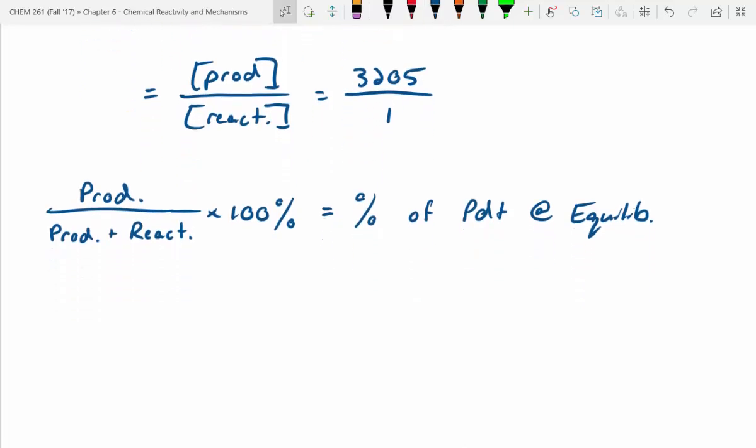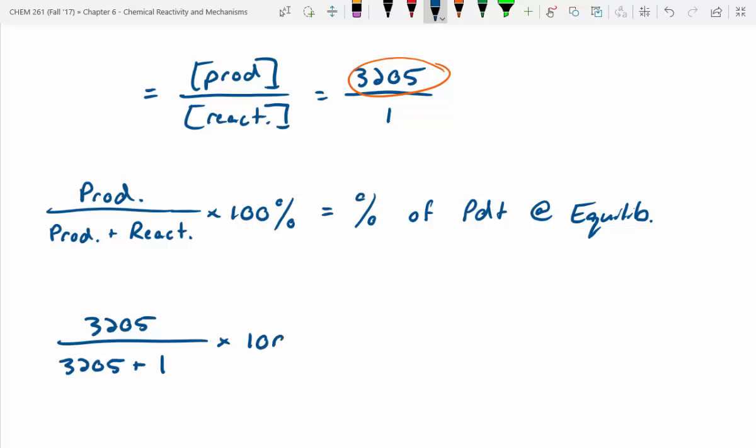Product, we know, is going to be this numerator value because it's equal. So all I'm going to do is say product is 3205. We know product down here is also going to be 3205. And then our reactant, what would that be? 1. So I'm going to plug that in, and I'm going to say times 100. And that gives us what? 99.97%. Perfect.